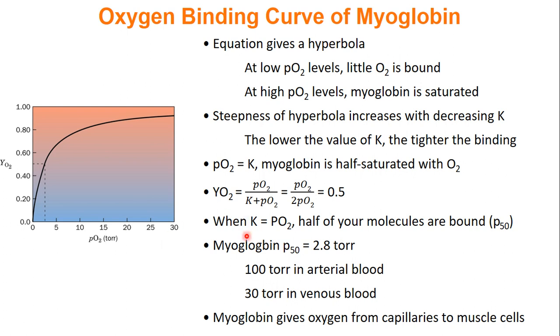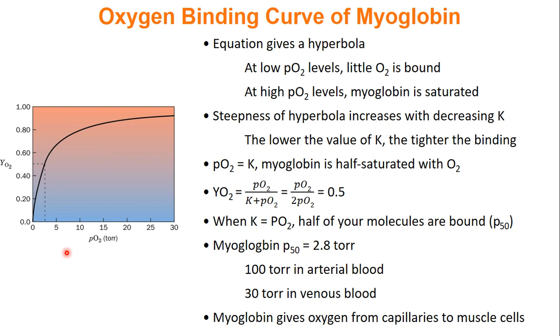So another way to say that, when K is equal to your pressure of O2, half your molecules are bound. We call this P50. So P50 is the pressure, in this case the pressure of oxygen, you need for half your myoglobin or your macromolecule to be bound. For myoglobin, if we look on this plot, P50 is 2.8.